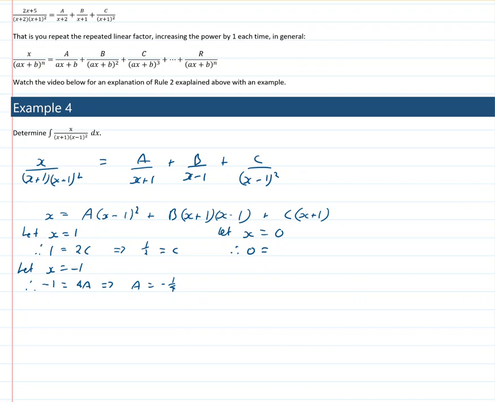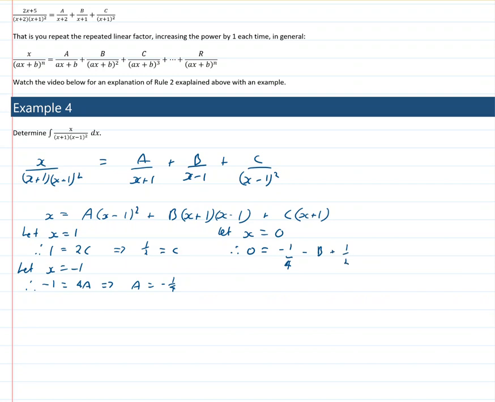If we put 0 in here, we're going to get A, so that's just going to be negative 1/4. Put 0 in here, we're going to get negative B, and if we put 0 in here, we're going to get 1C, and C is just a half.